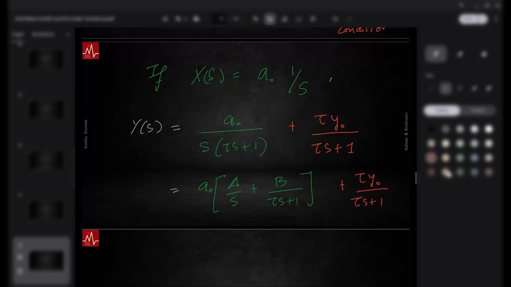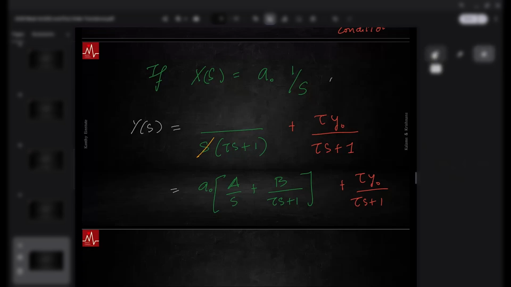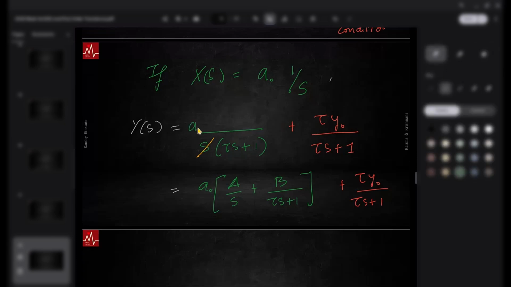How do I get A? I'm going to do this fast. Remove the singularity, let me also have this A naught separately here. This is 1 by s into, right? So remove the singularity, substitute s as 0. I get A naught into 1.